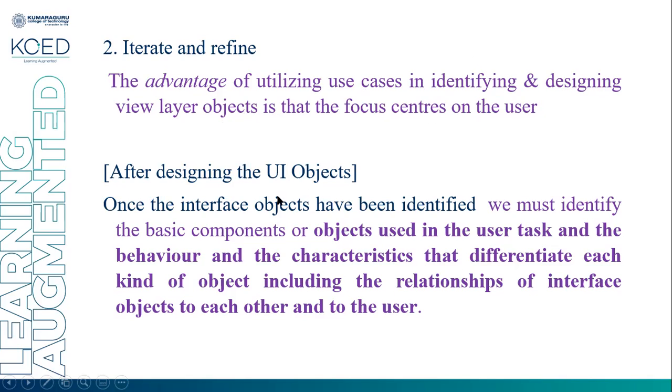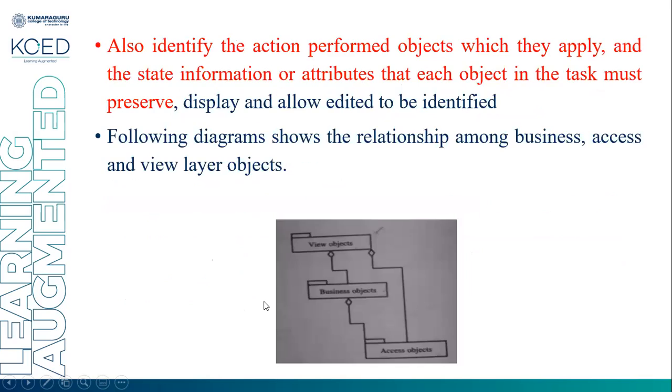After designing the UI objects, once the user interface objects have been identified, we must identify the basic components or objects used in the user's task and the behavior and characteristics that differentiate each kind of object, including the relationship of the interface objects to each other and the user. Also identify the actions performed on the objects they apply to, and the state information and attributes that each object in the task must preserve. Display and allow edit to be identified.